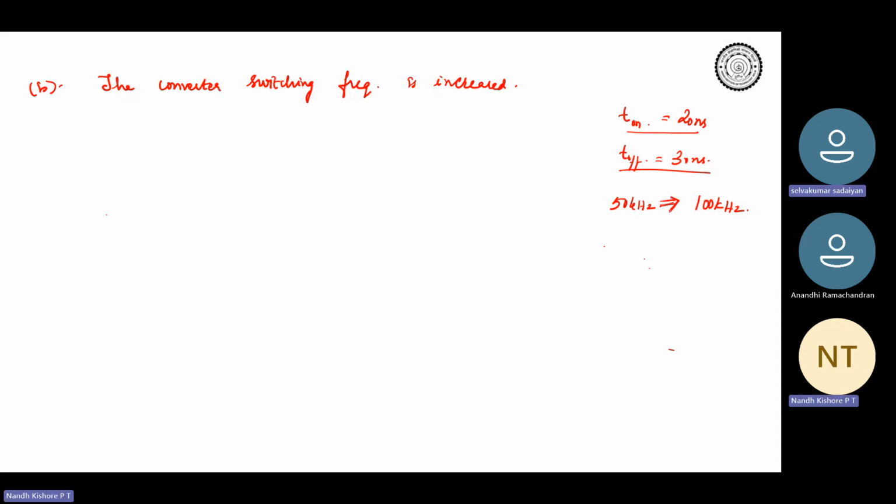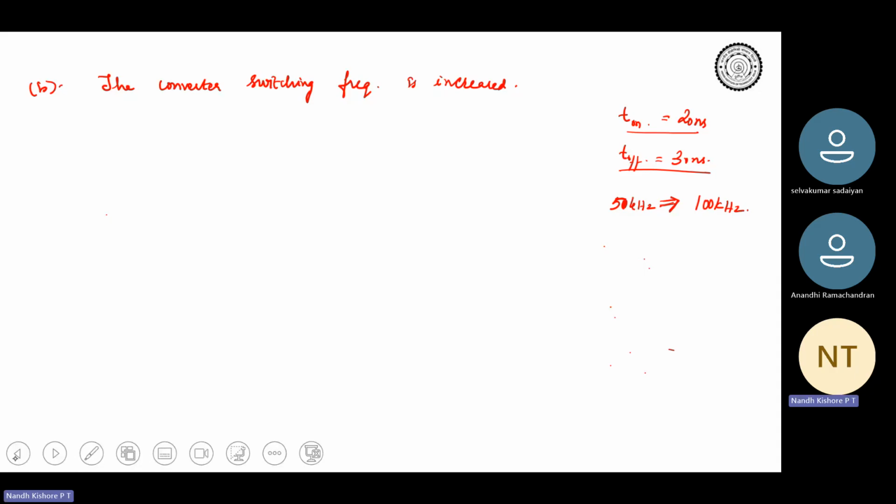If there is no change in on time and off time, the loss will be the same. So what will happen to the power loss? Will it be the same, or will it increase or decrease?